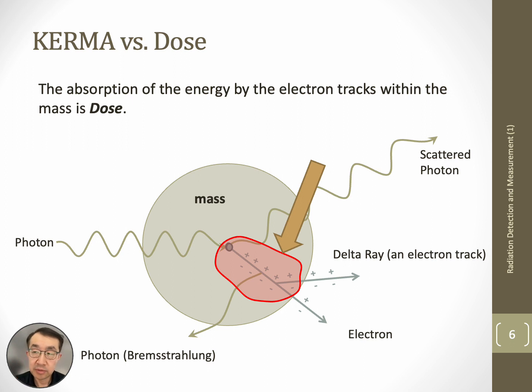In our photon beam treatment, it is not the photon that actually deposits its energy. It's the secondary electron that deposits energy to our patient and to the tumor tissue. So when we define dose, it is this red area where the charged particle deposits energy using Coulomb scattering. So remember, kerma versus dose, it is that different.